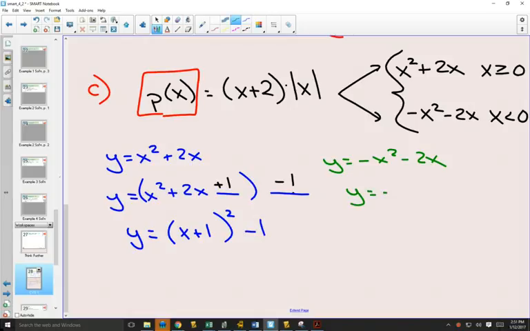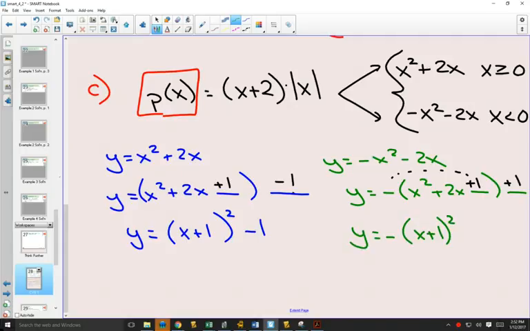I would first factor out the negative, leave a space there. What would be in the first place? Plus 1. What would be in the second one? Also a plus 1, because this minus would hit that 1, meaning we've subtracted 1. So in order to compensate, we add 1. So our final equation for this one will be negative x plus 1 squared plus 1.